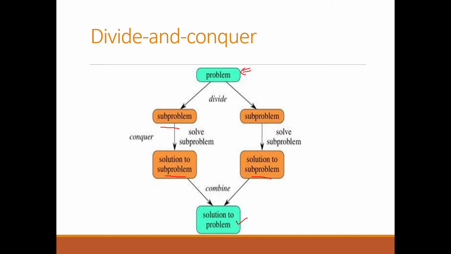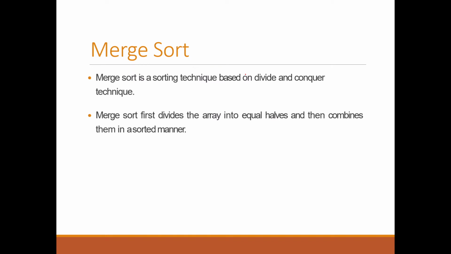Okay, so considering this divide and conquer strategy, the MergeSort algorithm works. So basically this is a sorting technique. Sorting is to arrange the given numbers or alphabets in a sorted manner in an ascending order. So here it is based on the divide and conquer technique.